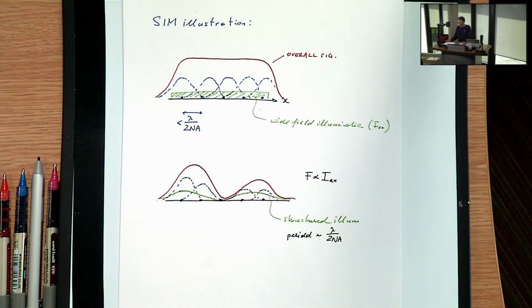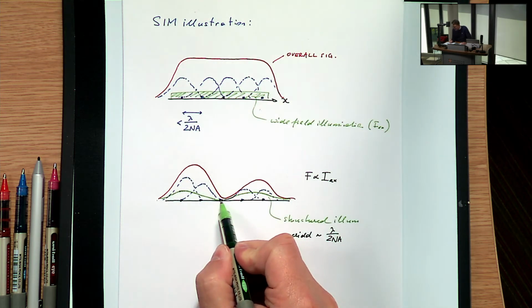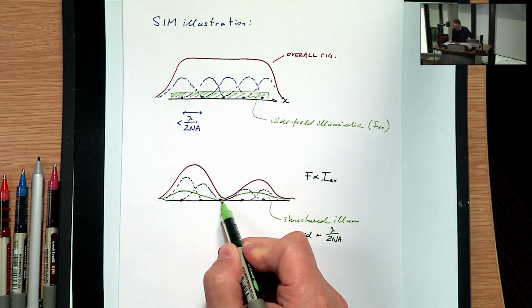Okay? So you can see that this tells us something, but of course this isn't enough to reconstruct the sample. There's obviously not all the information in that red trace yet. For example, if you look at that fluorophore, you don't have yet any information about it. You didn't excite that fluorophore, right?